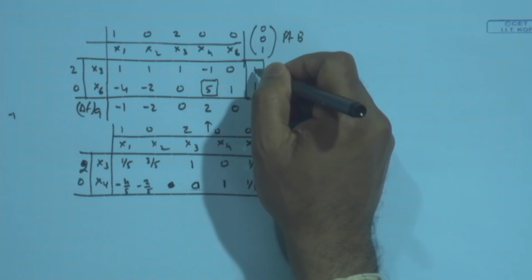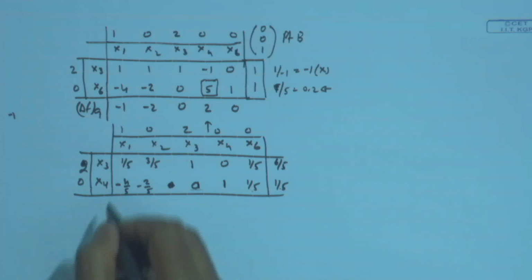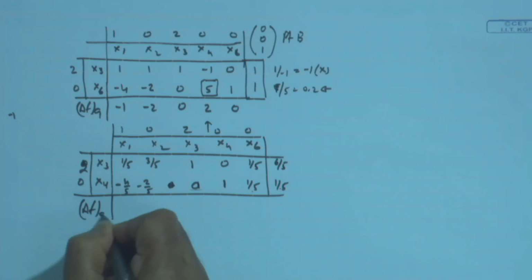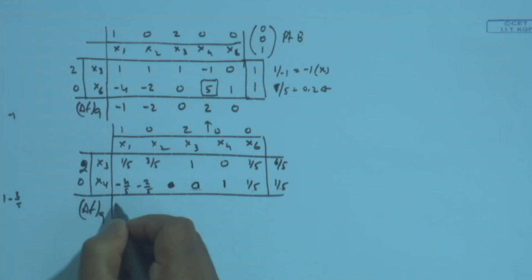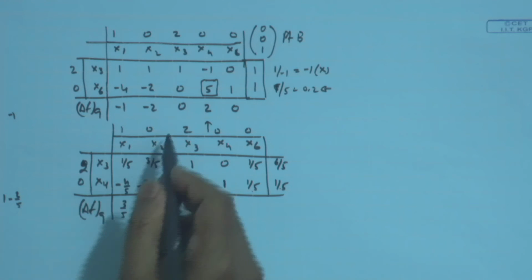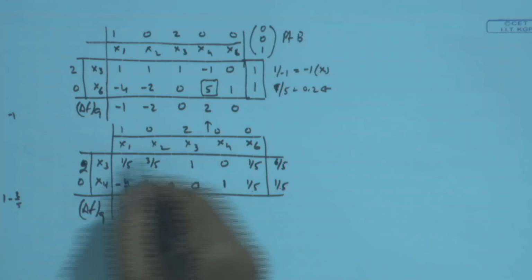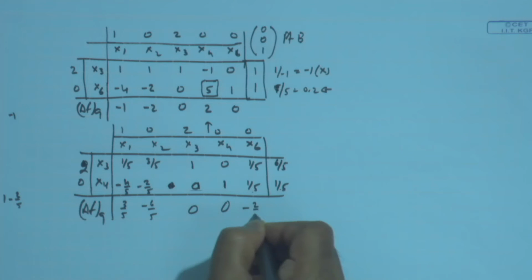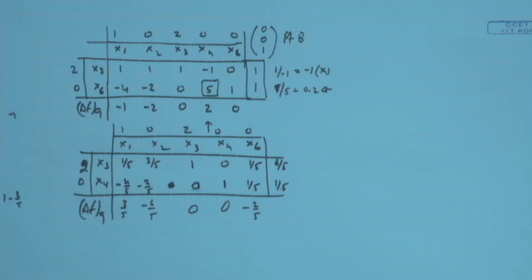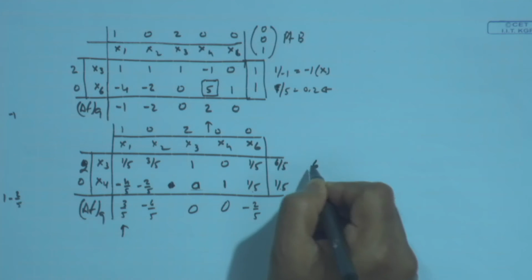And 1/5 plus 1, which is 6 by 5. Everybody got it? Okay, now del FQ is 1 minus 2 by 5, which is 3 by 5. 0 minus minus 6 by 5. 2 minus 0, 0. This one minus 2 by 5. So I have still 1 that needs to be looked at. And then this is 6 by 5 by 1 by 5, which is 6.